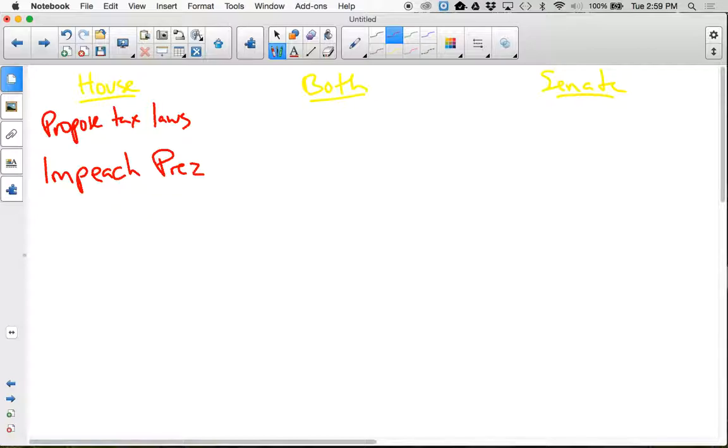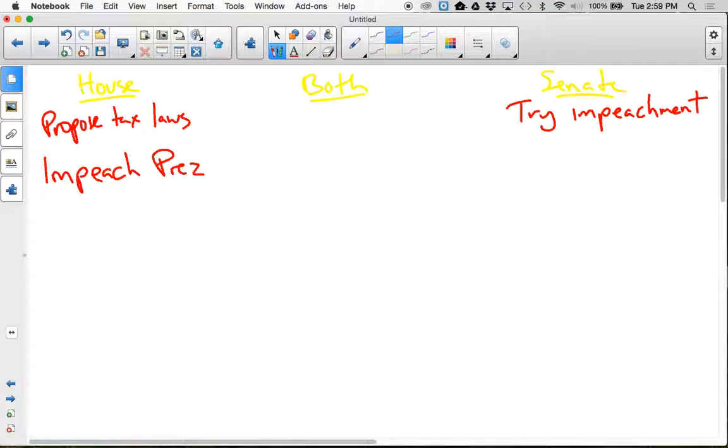When we go over to the Senate, they will try impeachment. So once you are impeached, it goes to the Senate, where the Senate then determines if you are guilty or not. Bill Clinton was found not guilty of impeachment, and thus he maintained his job. We have never had a president that has been convicted of impeachment.